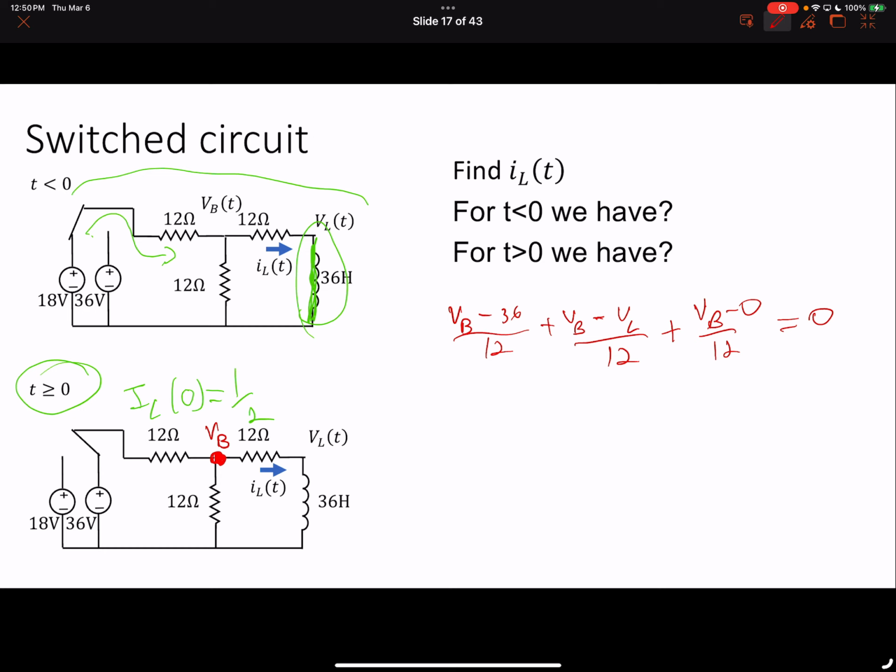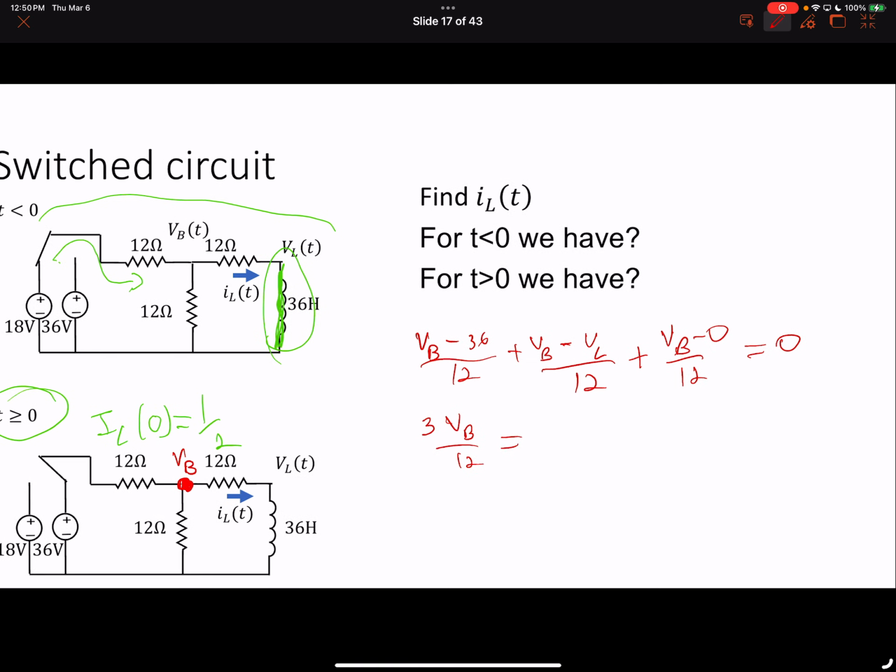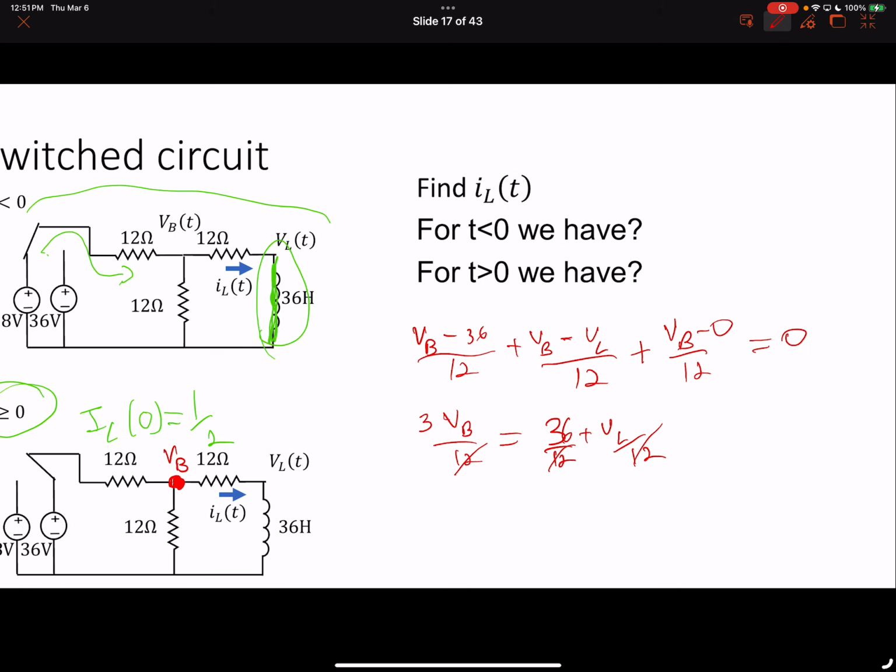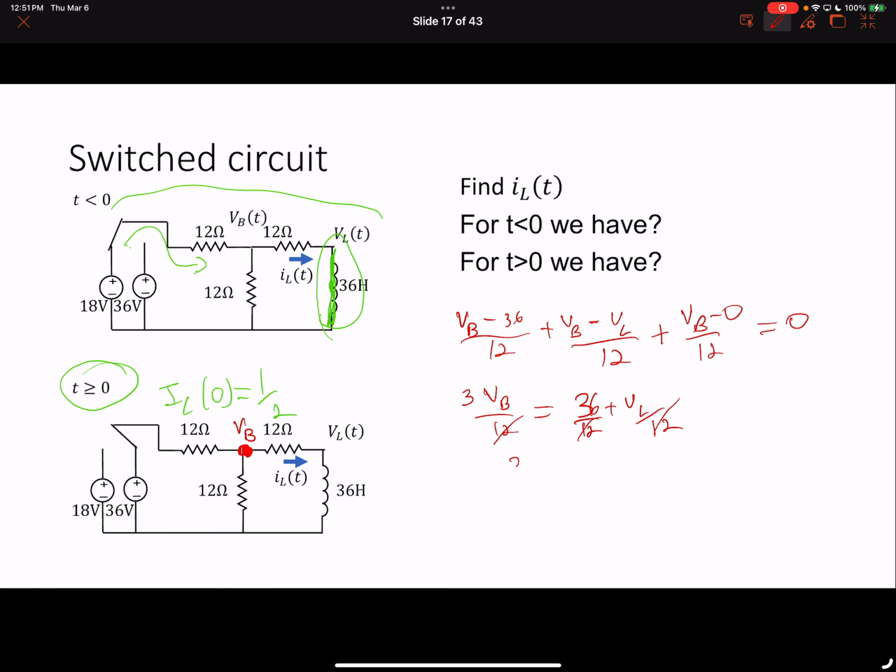And what that's going to tell us is that 3VB/12 equals 36/12 plus VL/12. So now we can just cancel out the 12s. So we get that 3VB equals 36 plus VL.